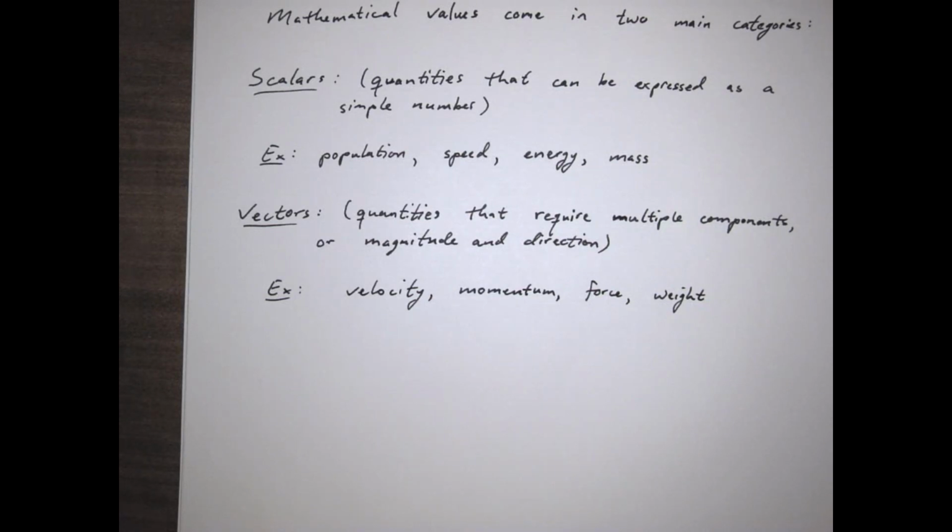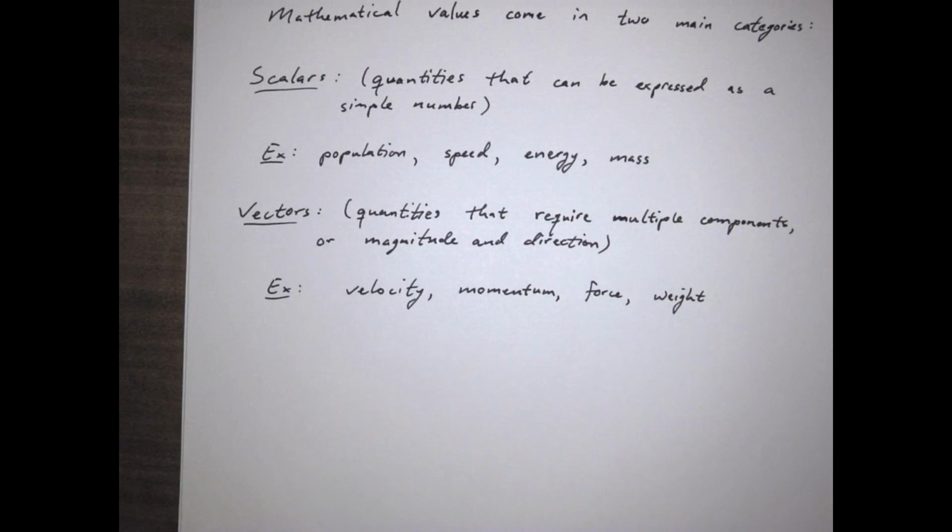So the difference between velocity and speed in physics is that speed is just some number that represents how fast you're going, whereas velocity represents how fast and in what direction. Momentum is a measure of how much your mass times your velocity is. Force. So a force is always applied in a specific direction. Weight is specifically the force caused by gravity that pulls something to the ground.